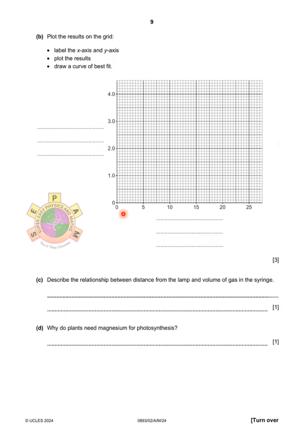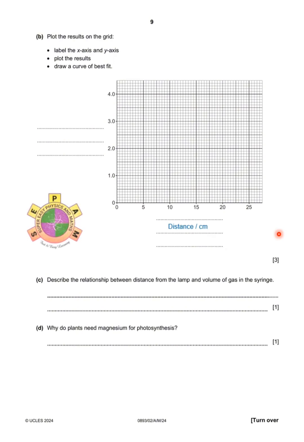As she increased the distance, she measured the volume. So the volume produced is a function of the distance of the light from the pondweed. The distance is the independent variable, while the volume is the dependent variable.